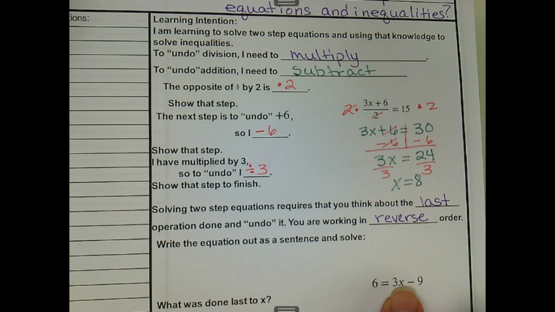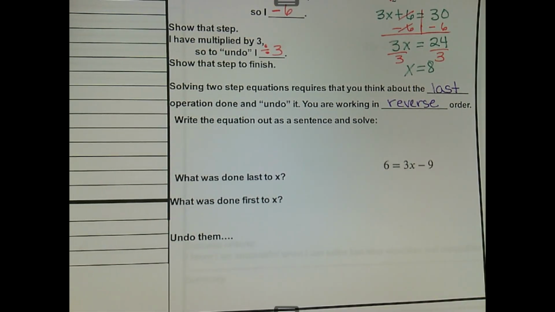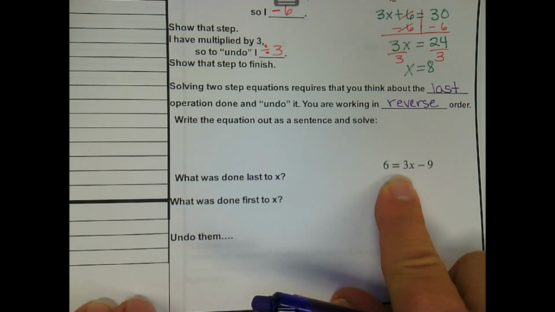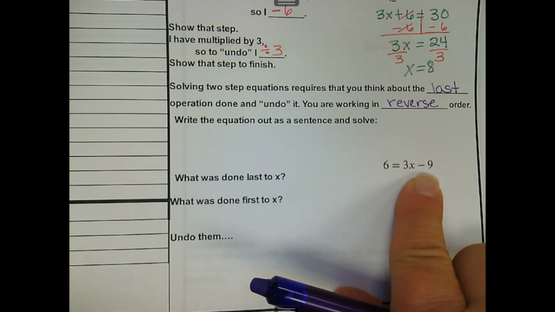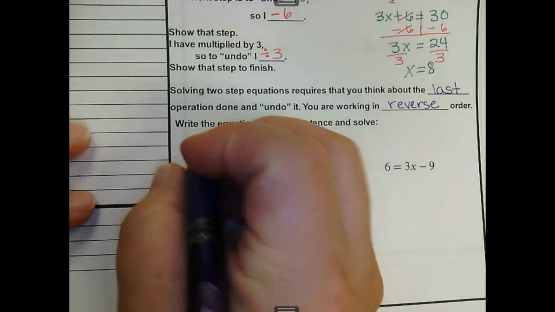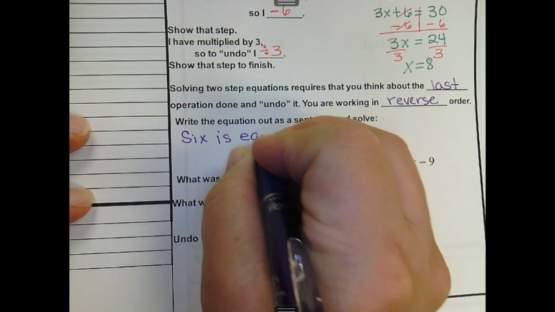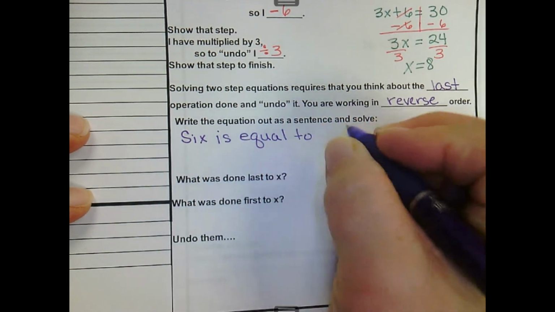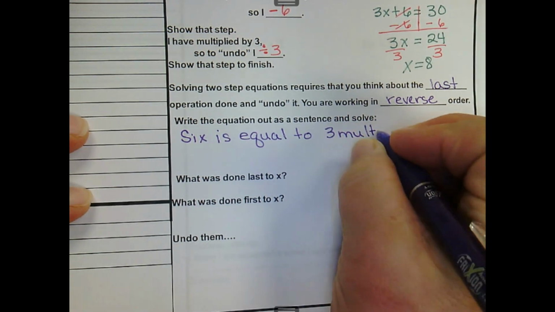Okay, if I write this equation out as a sentence, what does that look like? 6 is equal to a number times 3, then I subtract 9. And multiplied is a better way to put times.